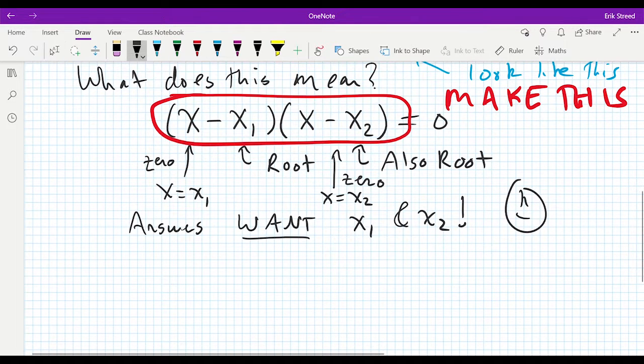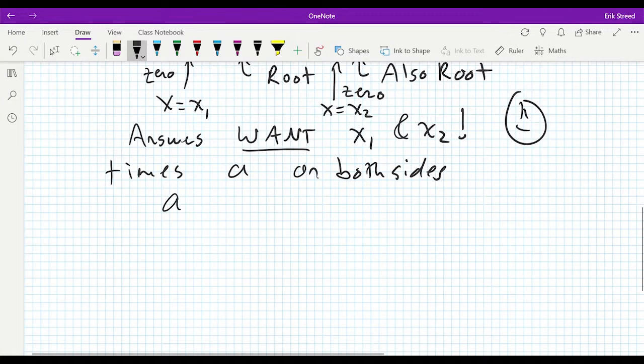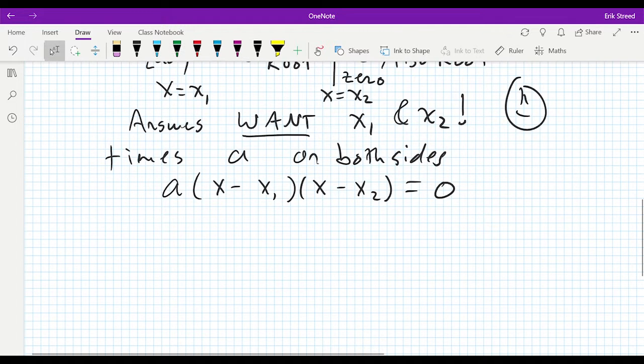So the first thing we're going to do is we're going to take it times a on both sides. And that's going to give us a times x minus x1 times x minus x sub 2 is equal to 0 times a. So 0 times a, this is just 0. So that's nice and well behaved.